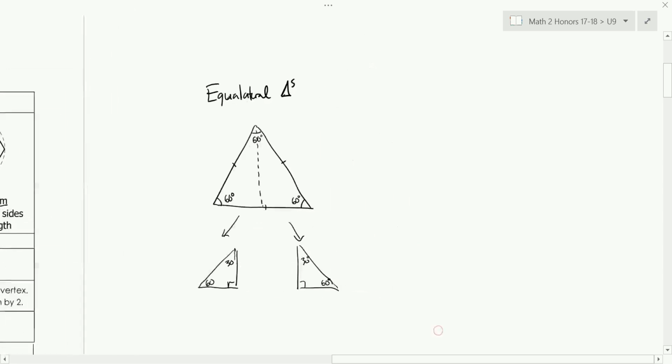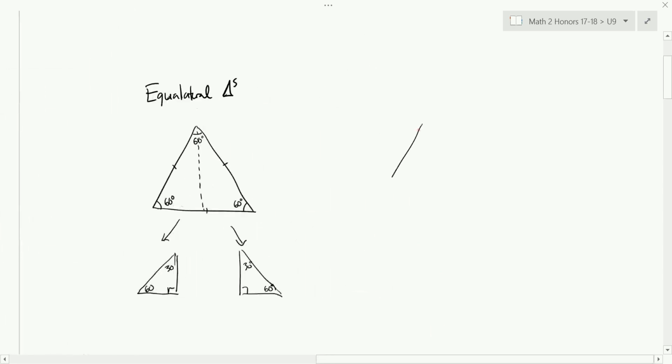There's some more, though, that we can talk about with these. If we start with an equilateral triangle, and let's put the center in now. Okay, and let's connect the center here. So here's our radius, and here's our apothem. What can you tell me about this triangle here?